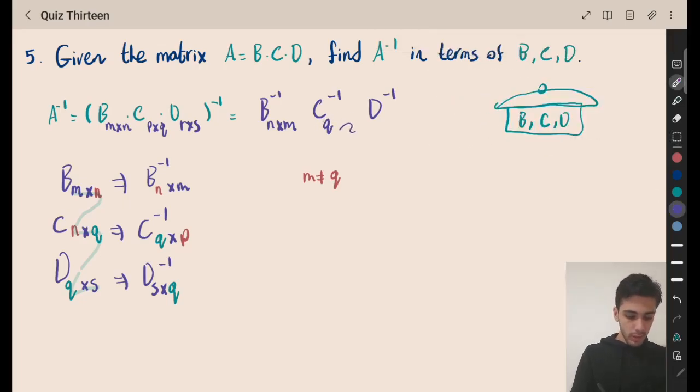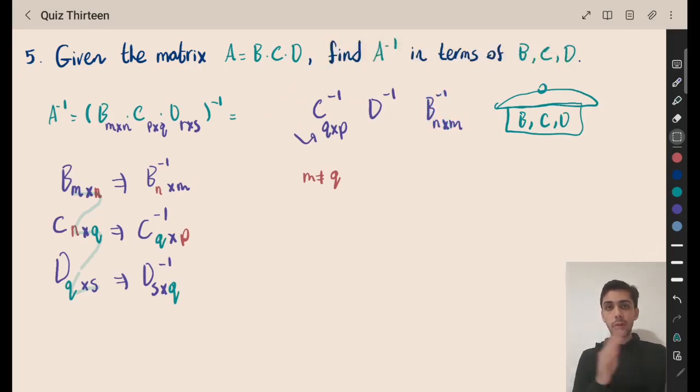So here we had N times M, this is the inverse, and now Q times P. So with 100% probability, the inputs don't match. Well then, what will match with M? Not really anything. Then probably this should be to the very right, because there's nothing that could match it.